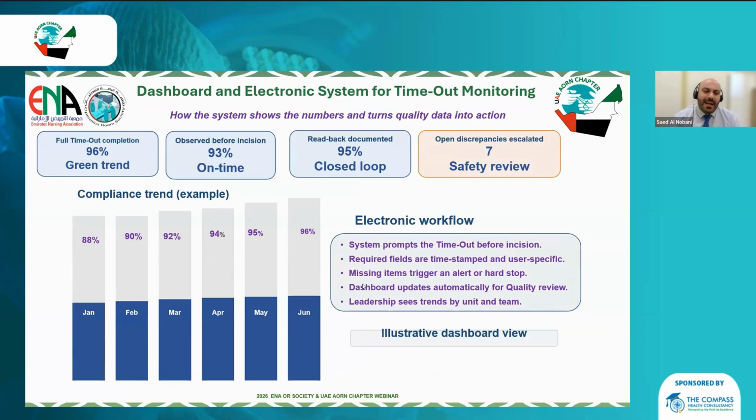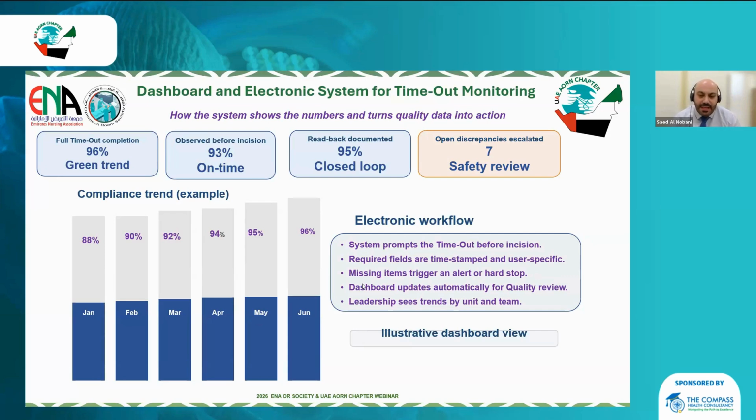In this example in front of you, the dashboard shows that the electronic system converts timeout performance into real-time quality data. Leadership can see completion rate, on-time performance, read-back documentation, and open discrepancies.